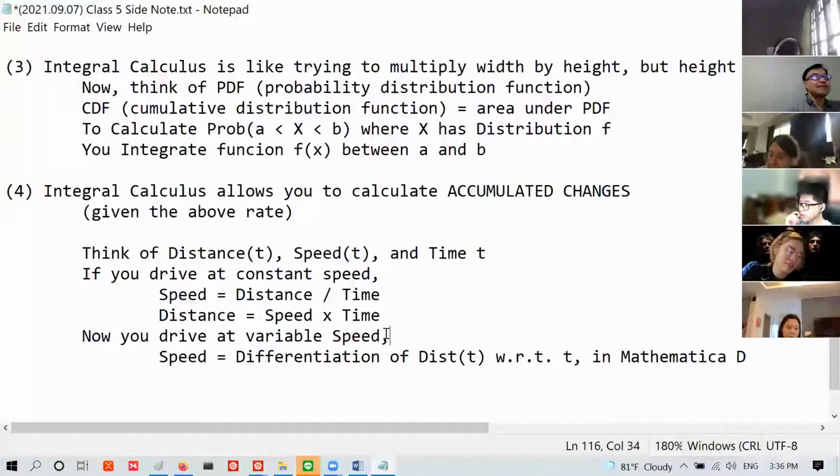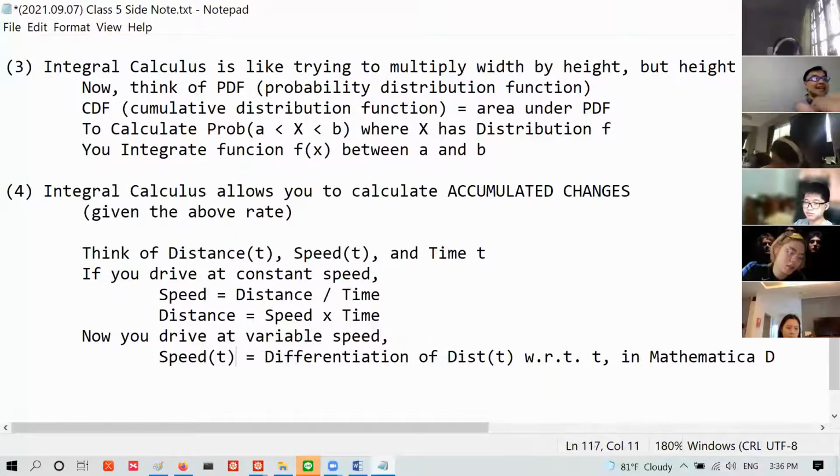But if you drive at variable speed, speed of t is equal to the differentiation of distance of t with respect to time.